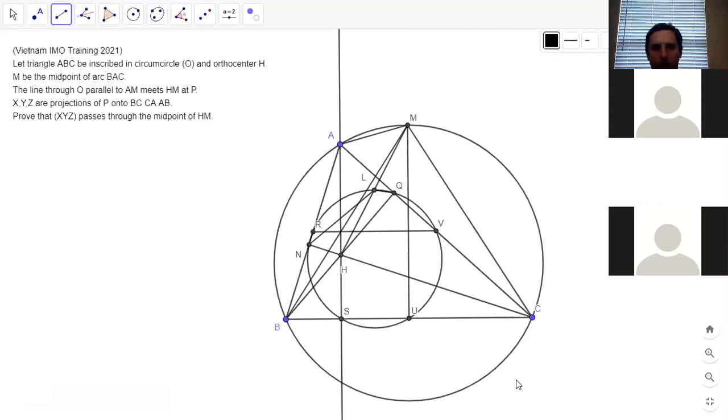So LS must be equal to LU. And then from there, LR would have to equal LV.